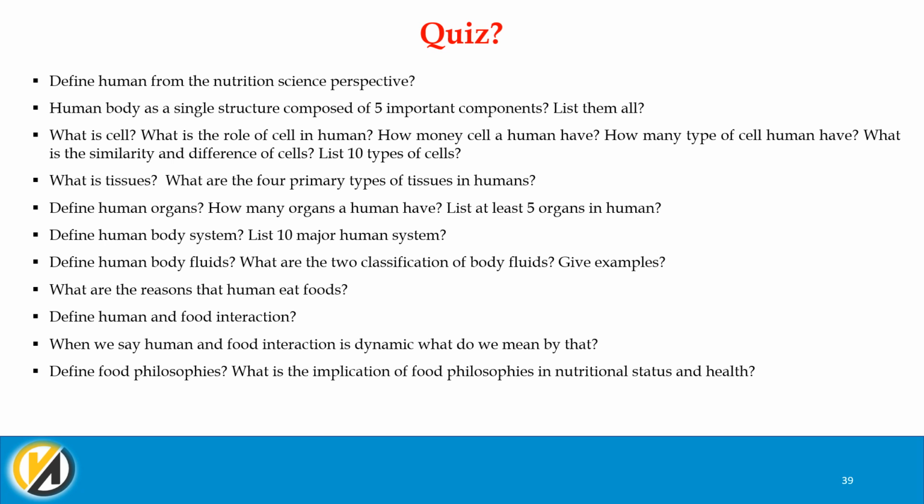What are the 2 classifications of body fluids? Give examples. What are the reasons that humans eat foods? Define human and food interaction. When we say human and food interaction is dynamic, what do we mean by that? Define food philosophies. What are the implications of food philosophies in nutritional status and health?